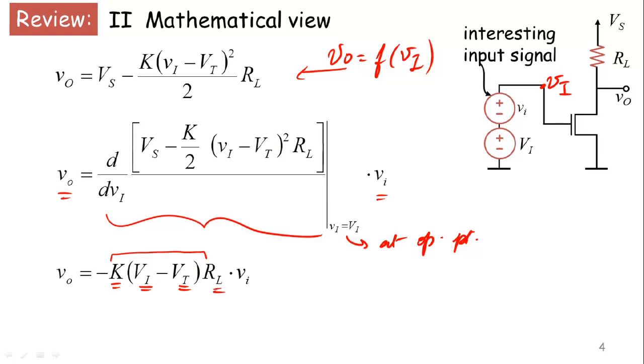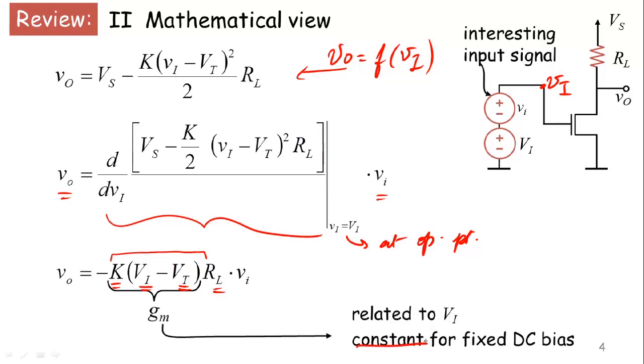For reasons that you will find out today, I called K times (VI minus VT) gm, or a transconductance, and it is related to VI, and it is constant for a fixed DC bias. We'll see more of gm today and really understand why we've been calling this a transconductance.